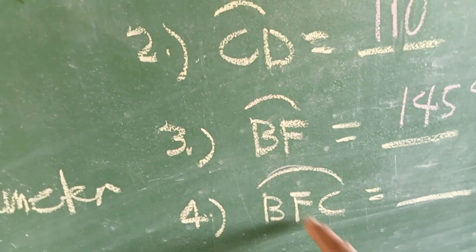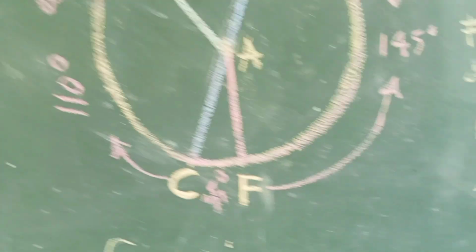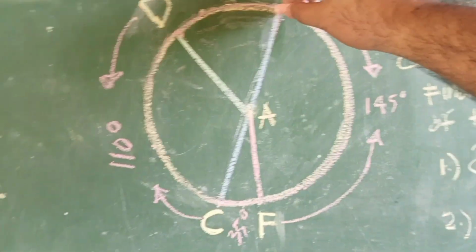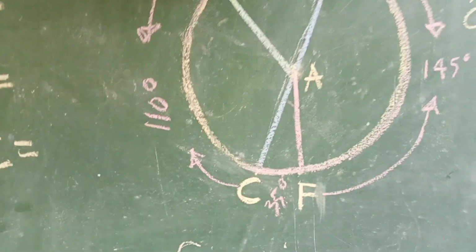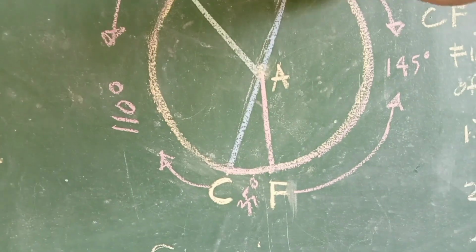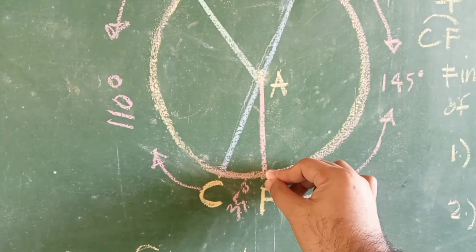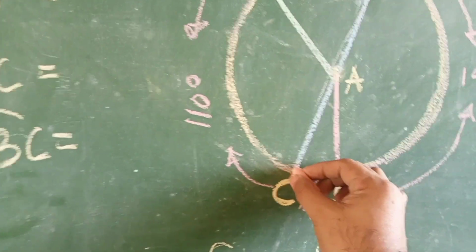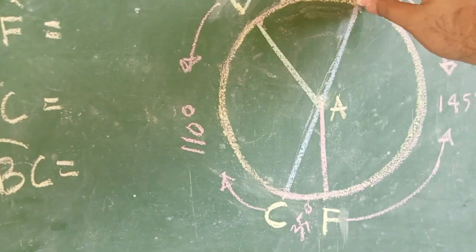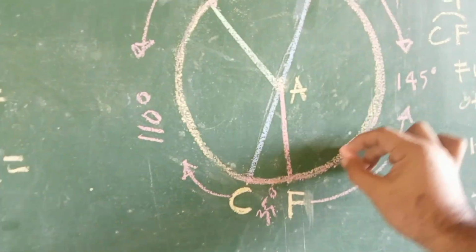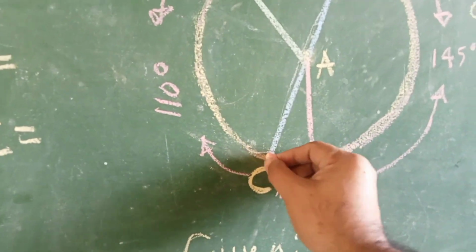So again, arc BFC. Let's try to locate where arc BFC is. From point B, moving toward point F because it is the middle letter in the given name, and then ending at point C. So this is now the arc B, F, up to C.